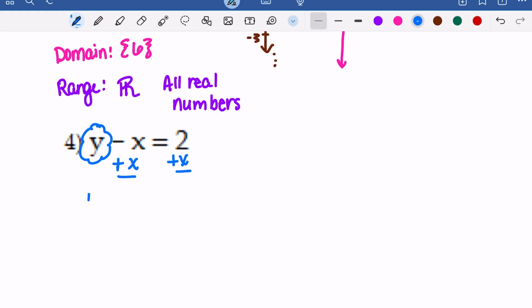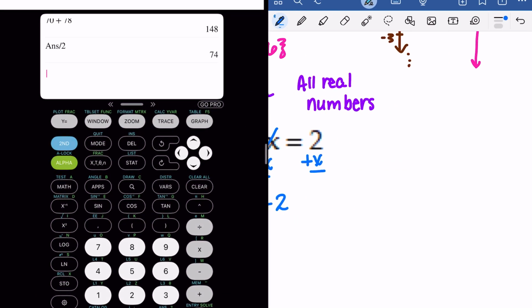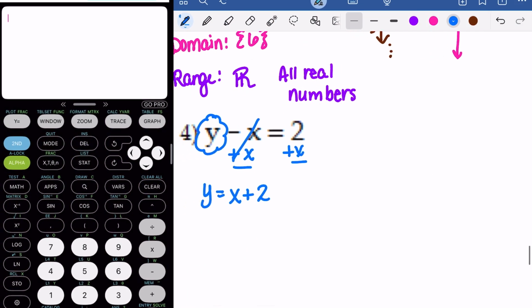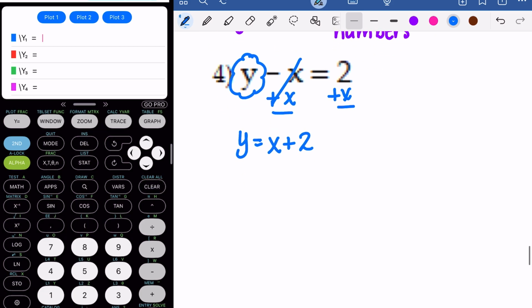So y equals, remember that's going to make those cancel, and I've got x plus 2. Now that I've got that, I can graph this. We can graph it by hand. If we want to use our calculator, we can do that also. Let's see, I've got some stuff in mind, so I'm going to clear that out. I'm going to graph x plus 2.